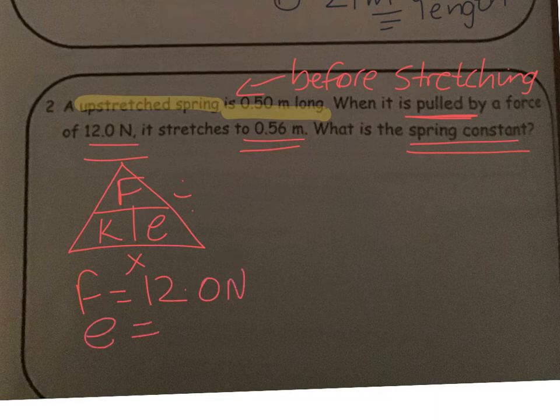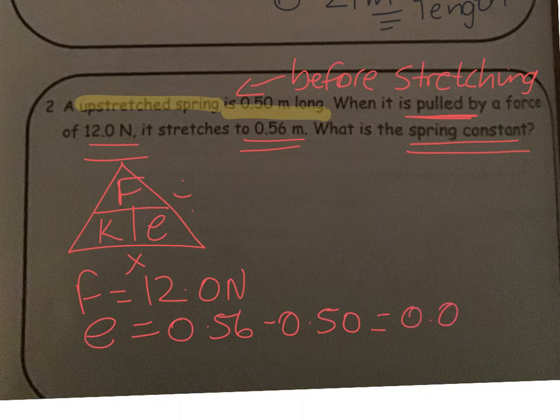Now it said here it stretches to 0.56, so don't be putting in 0.56. We want to know how much it had stretched by. So we have to do 0.56 minus the original length, which was 0.50, and we get 0.06 meters. The extension is 0.06 meters.